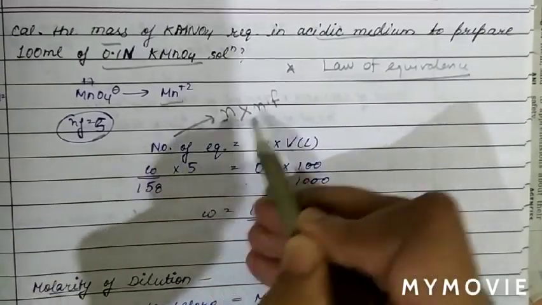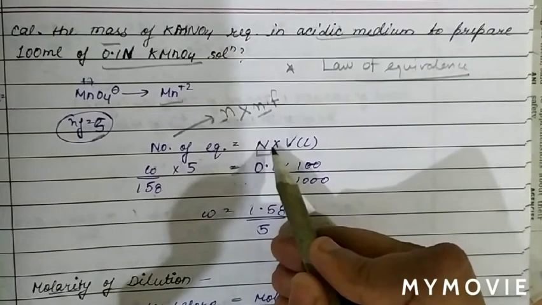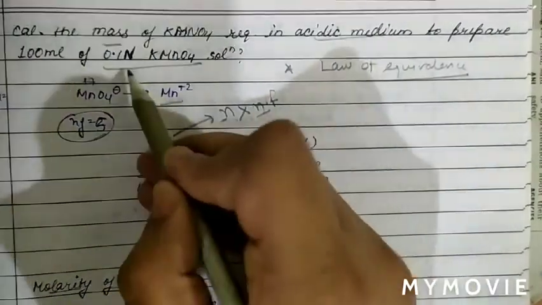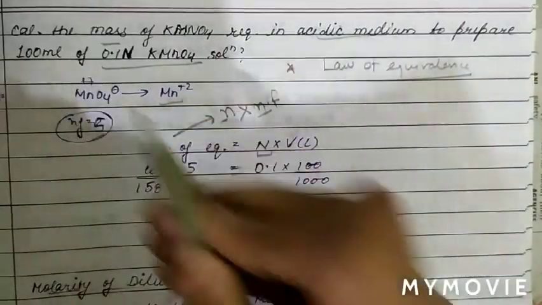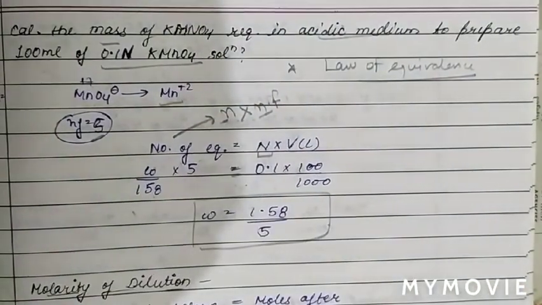So given mass upon molar mass of KMnO4 multiplied by N factor 5 equal to normality into volume. Normality is given 0.1 and volume is 100 ml, so 100 by 1000. So we get the mass of KMnO4.